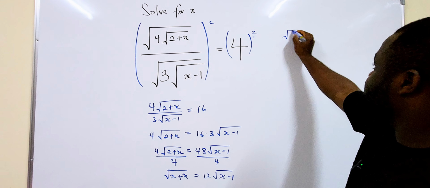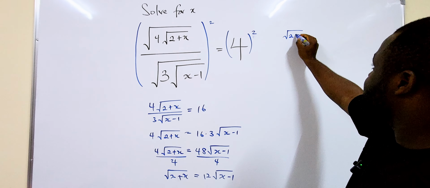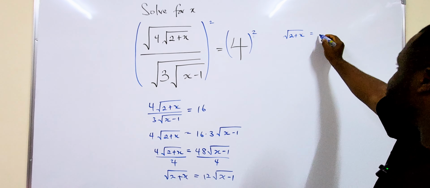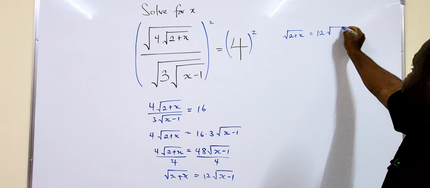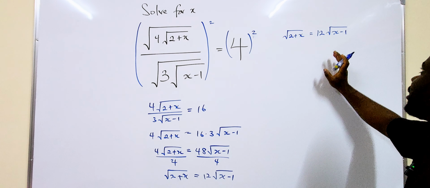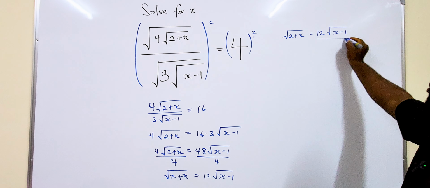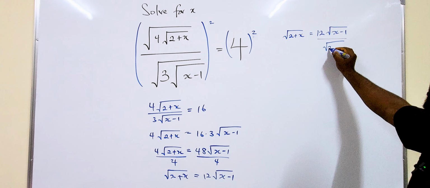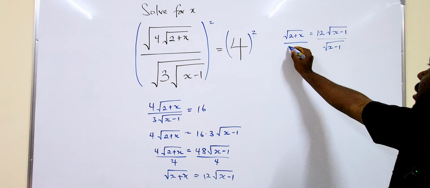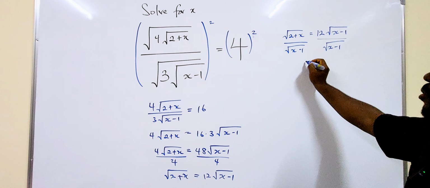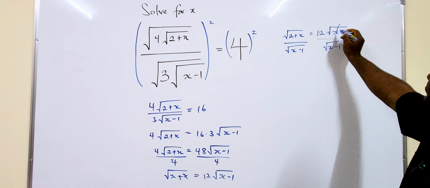So we have square root of 2 plus x equals 12 square root of x minus 1. So I can collect like terms, or I can divide both sides by square root of x minus 1. Okay? So this will cancel this.